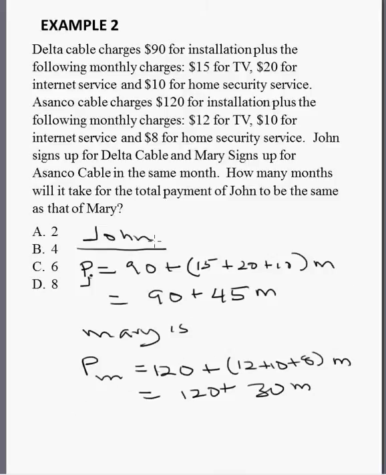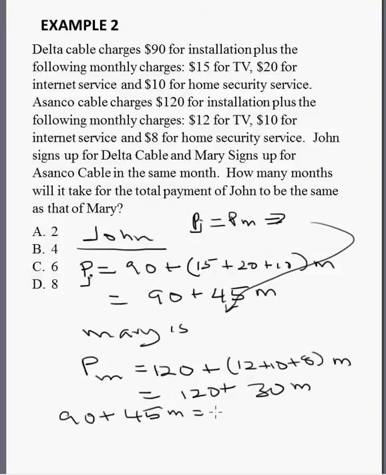So when we set the two together, PJ equals PM, which implies 90 plus 45M is equal to 120 plus 30M.